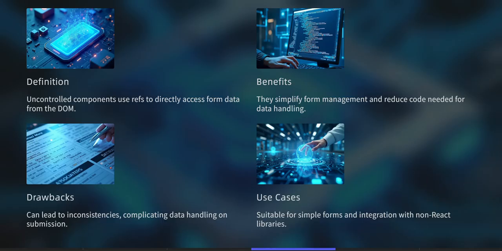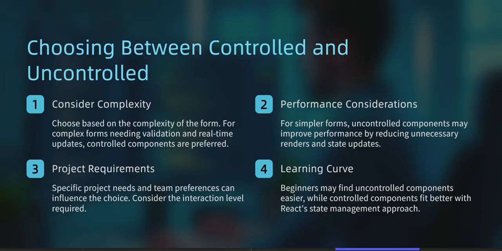Mainly, controlled means React maintains everything, fully controlled, real-time updated, and more code. Uncontrolled means the browser maintains everything, less code, a simple form, and the value is read only when needed. Finally, controlled components mean React maintains the data and are good for validation and interactivity.